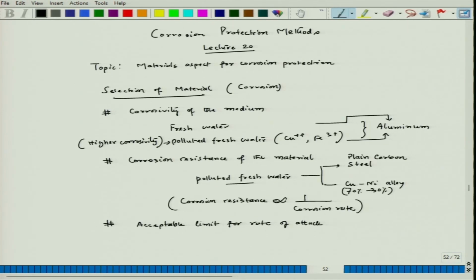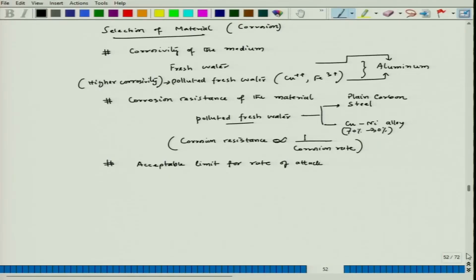So, let us say I would allow a material in a particular corrosive solution, that means we are fixing the corrosivity, and I will allow, let us say, 0.25 millimeter per year as the allowable or acceptable corrosion rate. If some material shows a corrosion rate more than that, that material will not be suitable in that particular medium. So, the acceptable limit for rate of attack needs to be prefixed before we design or select a material in a corrosive solution.